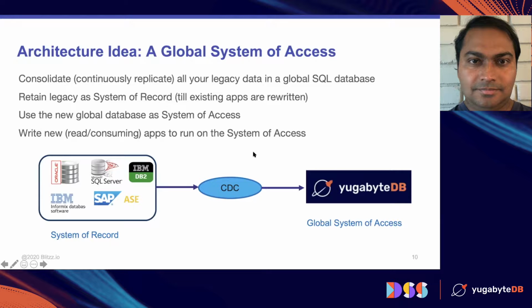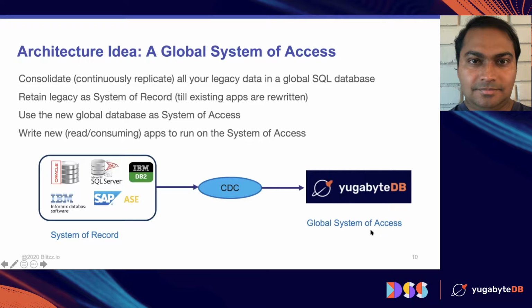It means that any reads that you do, from what we call the data consuming apps, can just run on the system of access, because as I mentioned before, this is a transactionally consistent replica of the source databases. So you can run all your reads on this global system of access.